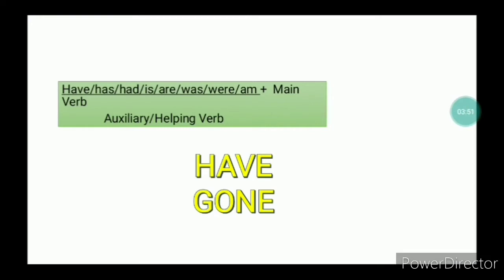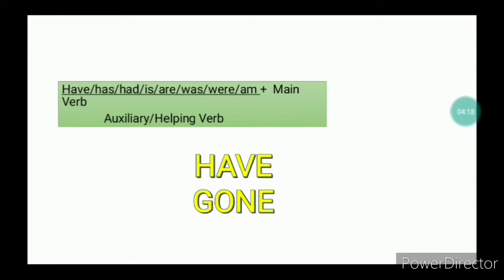Kapag po past participle, lagi silang two words or may kasama yung verb mo sa isang sentence. Ang tawag po sa kasama ng main verb mo, auxiliary or helping verb. Mama, ano po yung mga example ng auxiliary or helping verb? We have or has, had, is, are, was, were, am.